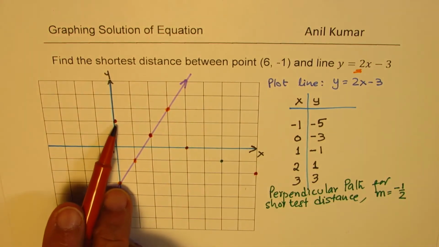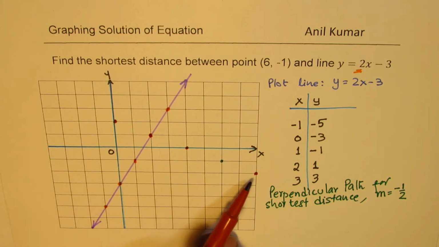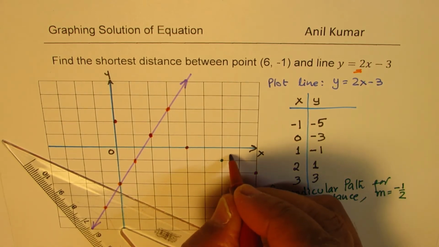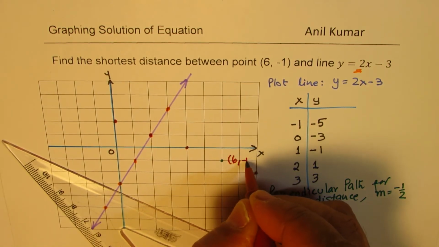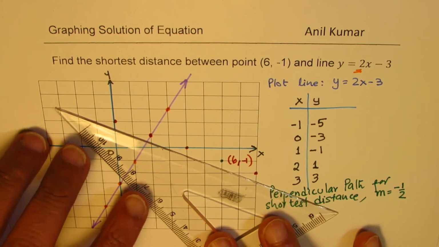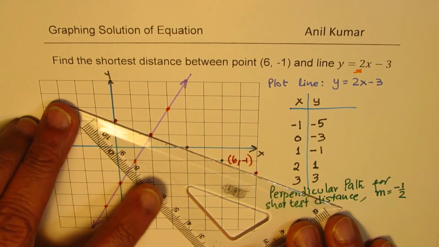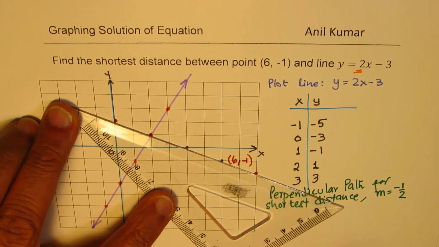So you have seen from here that a line which is perpendicular to the given line, from the point given to us, which is (6, -1), intersects the line, and from the graph we can read this point of intersection.